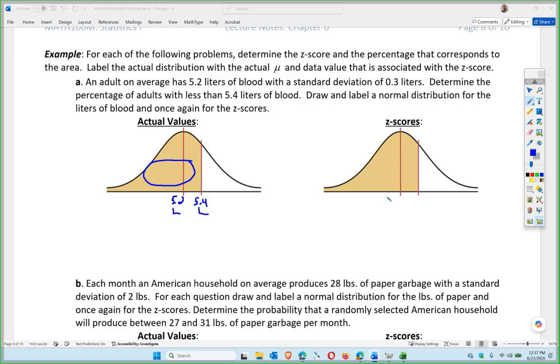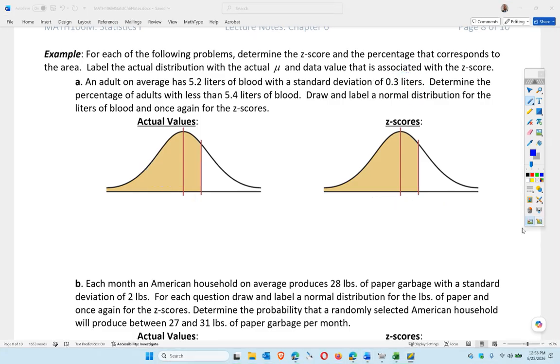So essentially we can do it with a z-score, or we can do it with actual values. The z is a positive number, so what that number is, I don't know, correct? It'll be the same answer either way. Whether we do it with z or actual values, we're going to get the same thing. Alright, so the deviation is 0.3 liters. Okay, so let's try this using both methods.